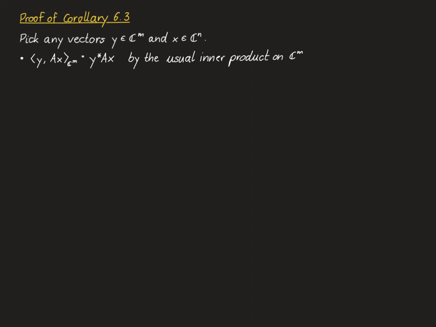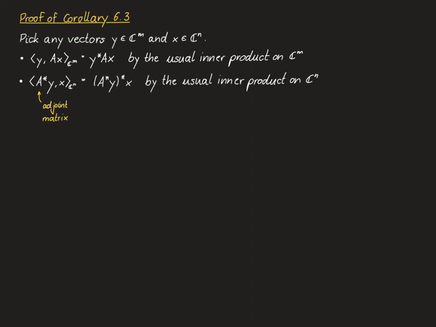Similarly, in the special case of C^n, the inner product of A star y with x is defined as (A star y) star times x, which equals y star A star star x, and A star star is known to be equal to A. Hence, this also equals y star Ax, and so we have proven that the adjoint matrix A star is exactly the adjoint map that we were looking for.